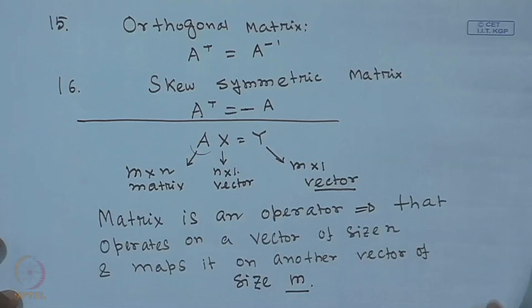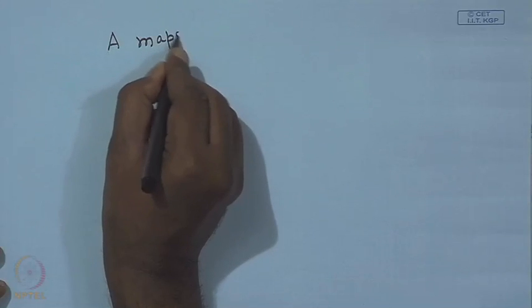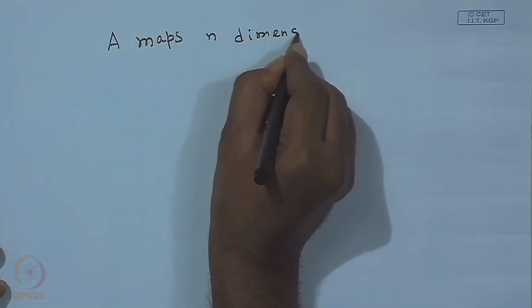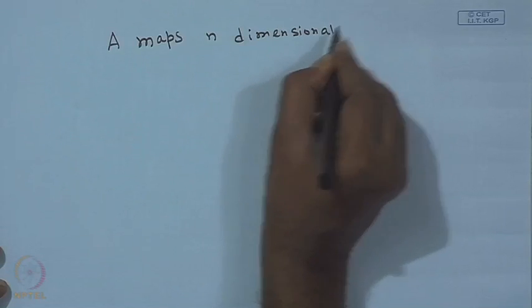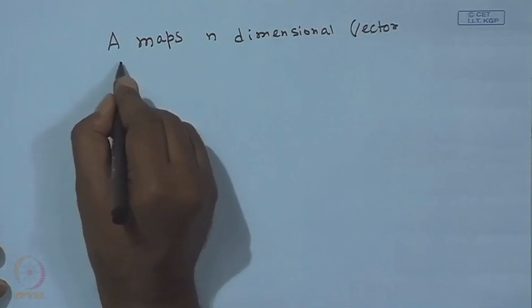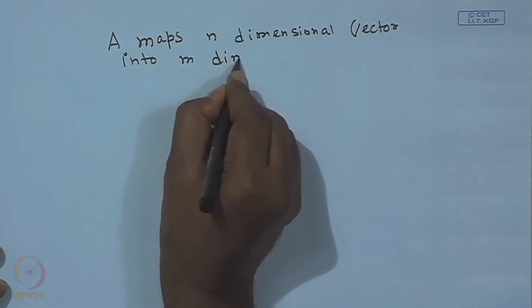So, matrix is nothing but an operator or a map. So, A maps an n dimensional vector into an m dimensional vector.